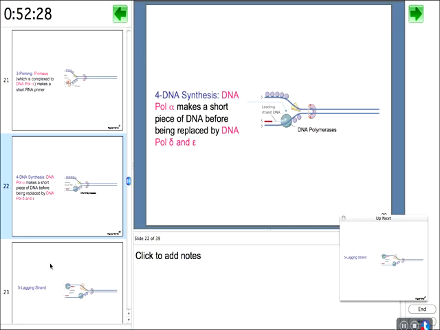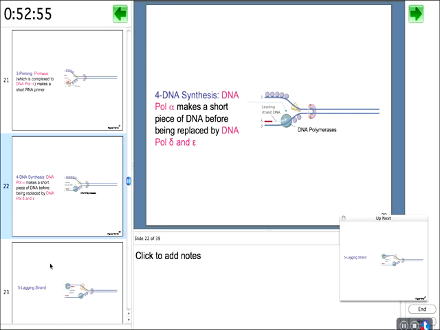DNA pol alpha attaches to that primer and starts the replication of DNA. Does he last long? No. Why don't we want him to last long? No proofreading ability. So he starts the process, he gets kicked off, and in come delta and epsilon to continue the process during replication.